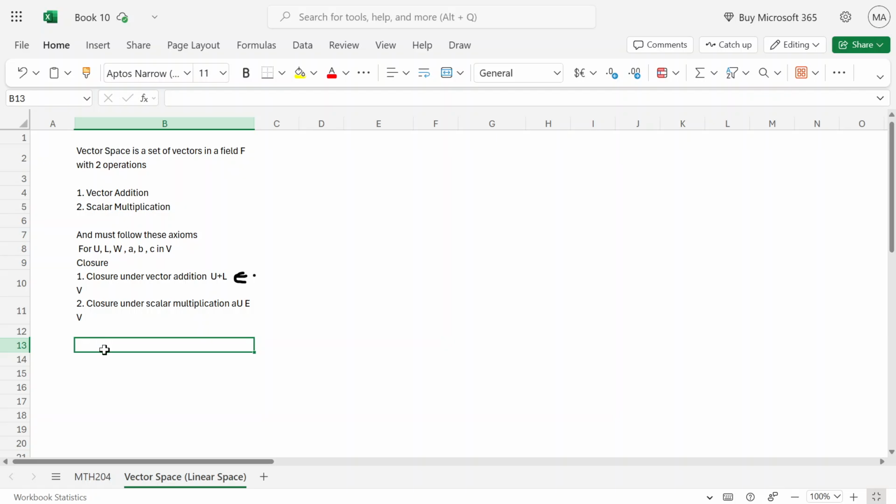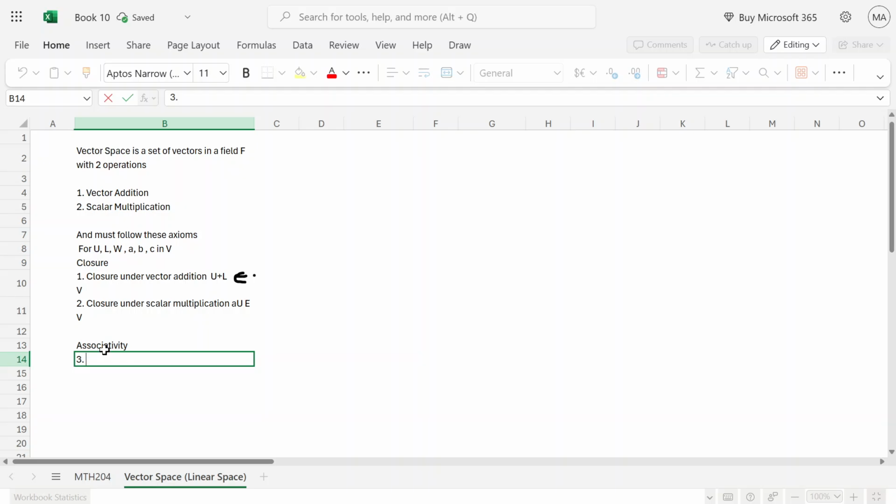The next thing now is associativity. In your head, you don't need to write all this down. Oh, let's do commutativity first.